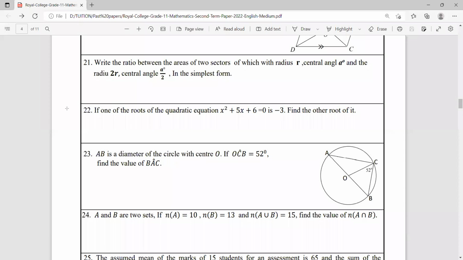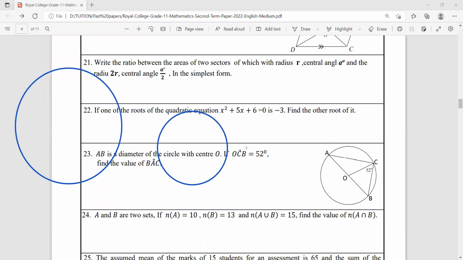So I'll draw it this way. This is the sector. This is A divided by 2, this is 2r. And this is r, this is A.